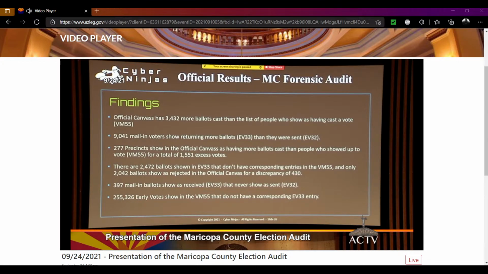And just to be clear, EV33 entries are supposed to happen when a ballot is received, but the actual tracking of the ballots is under the official canvas or the VM55. So in the VM55, we had individuals who voted, with entries for early voting, where in 255,000 cases they were not included in the EV33 file.